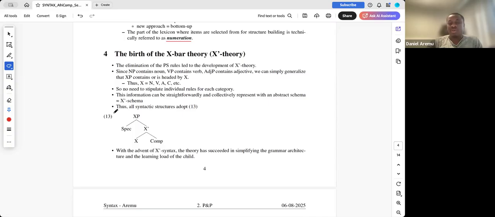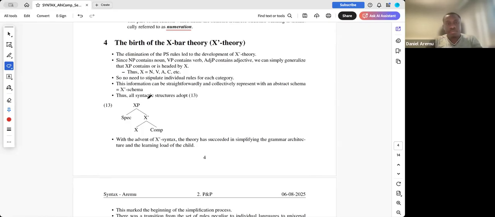So lots of redundancies were also, just like what we were trying to avoid, you still fall into that similar trap. Even though, yes, of course, it was an advancement, it had its own issues like redundancy as well. So the elimination of PS rules led to the development of X-bar theory.